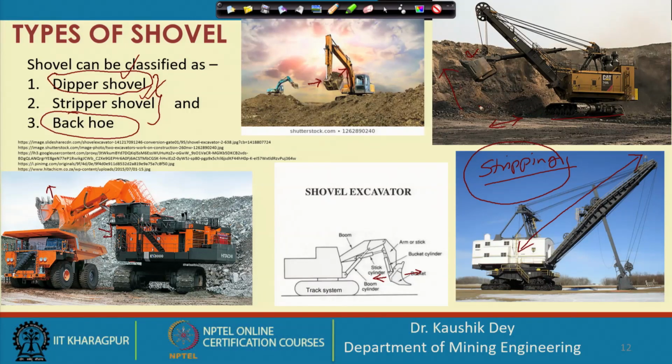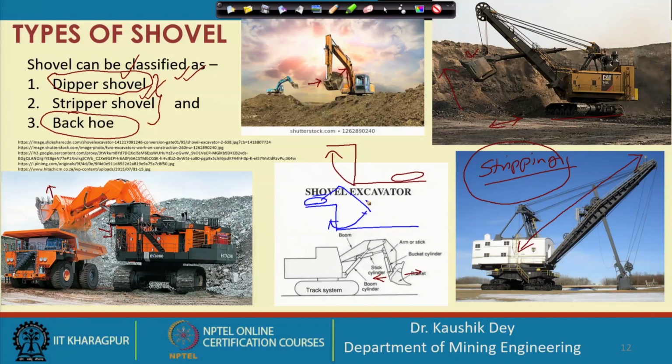So, whenever some bench is there, then these excavators stand on the lower bench and dig the upper bench. That is the characteristic of the dipper shovel, whereas for the backhoe, the machine is standing on this level and is basically digging from the upper point to the lower point.